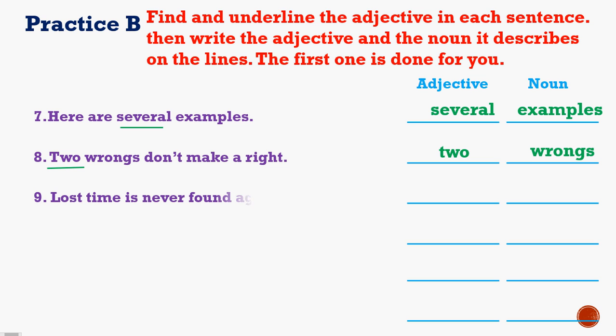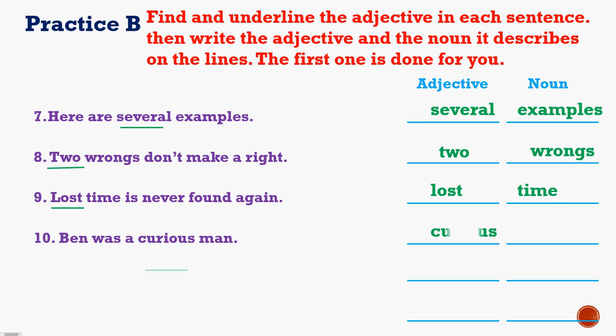Perfect. Number 9. We're almost done, guys. Ya casi terminamos. Lost time is never found again. The adjective over here is lost. And the noun it's time. Number 10. Ben was a curious man. The word or the adjective over here it's, good job, curious. And the noun it's man.